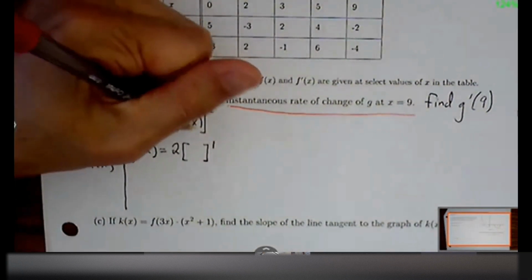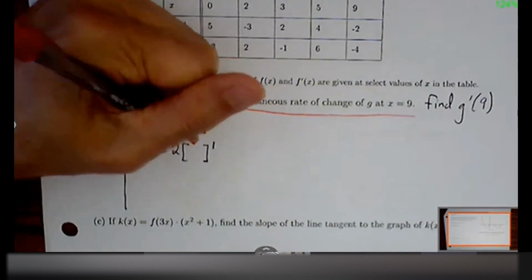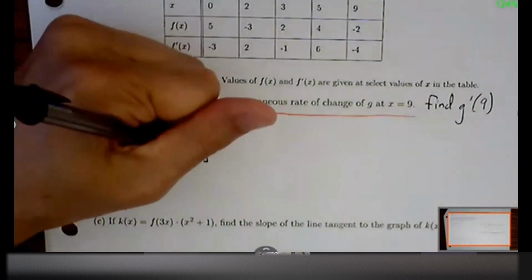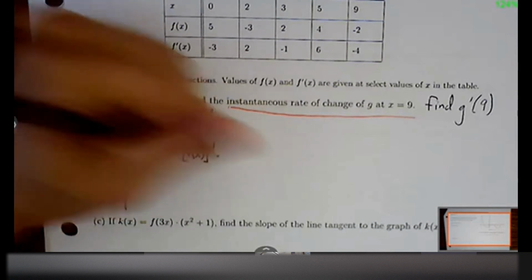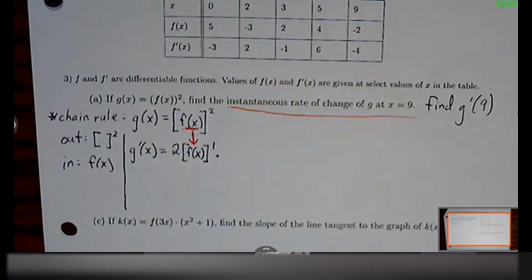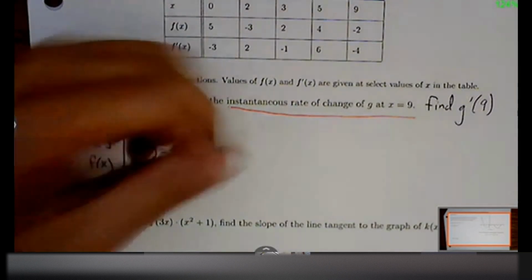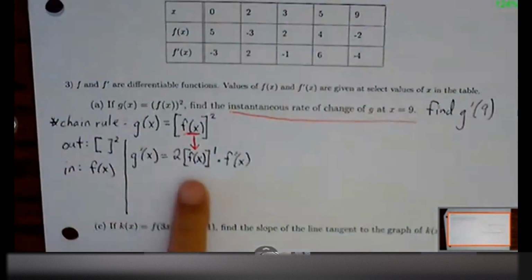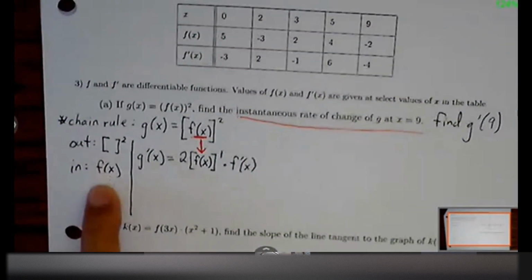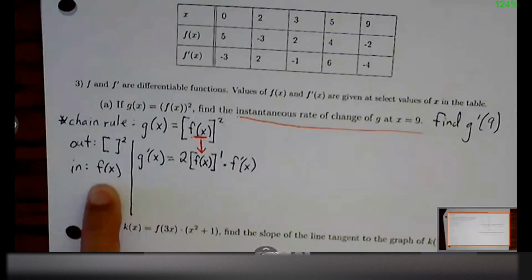I'm not going to make any changes with my inside, so I'm just going to fill that space in with the original inside. So that takes care of my outer derivative. What's my inside function's derivative? F prime of x. So notice we did power rule for one, and then we just did function notation for the other.